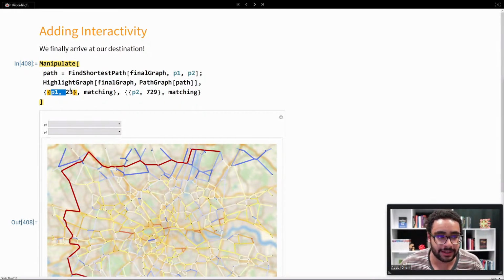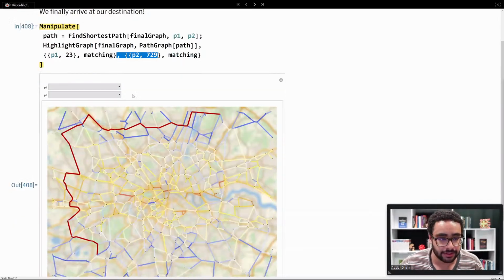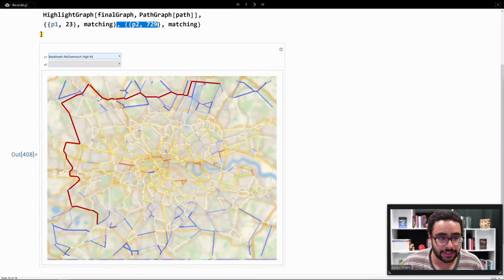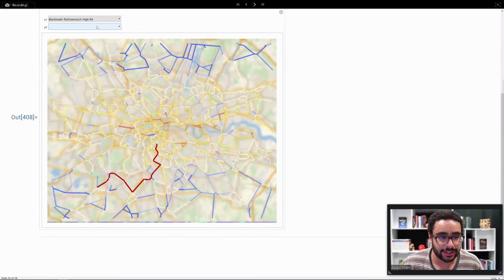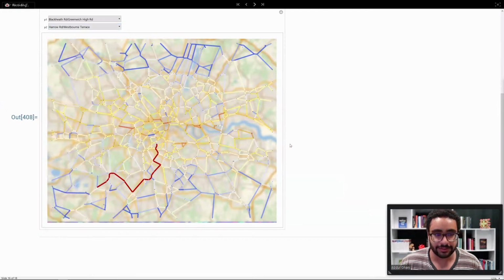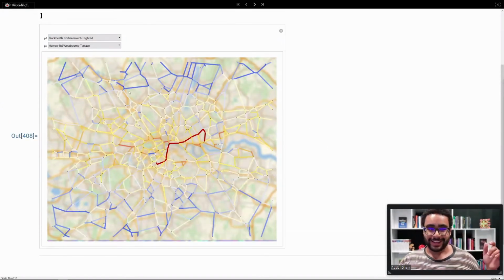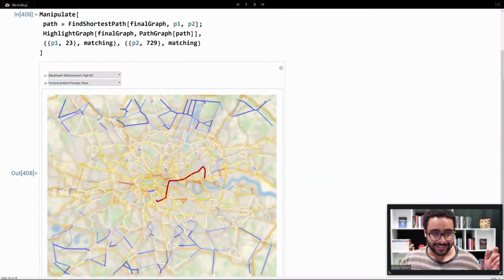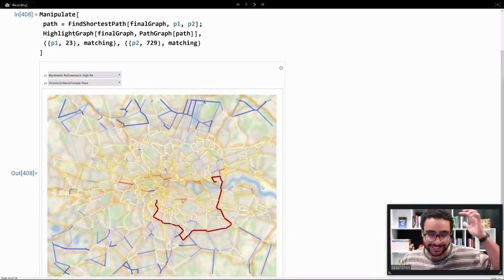But then we say P1 and P2 can range over our matching. So cool. We can start clicking on places, and I'm just picking things at random, and we can start to get shortest paths between places.